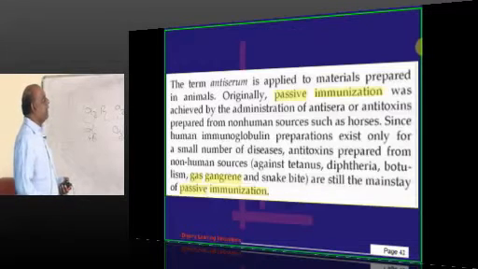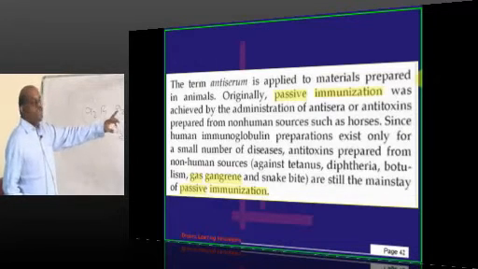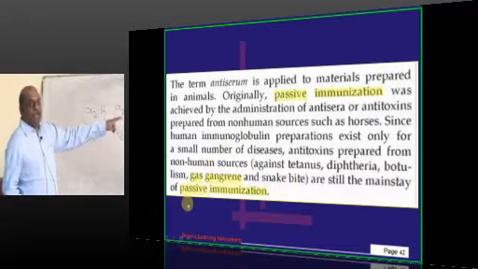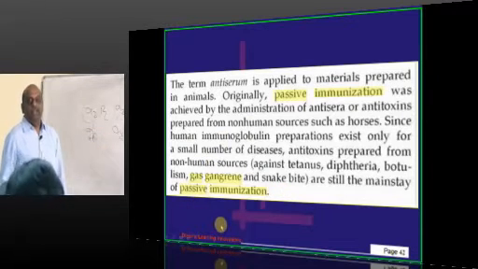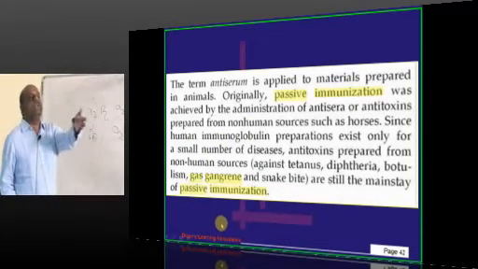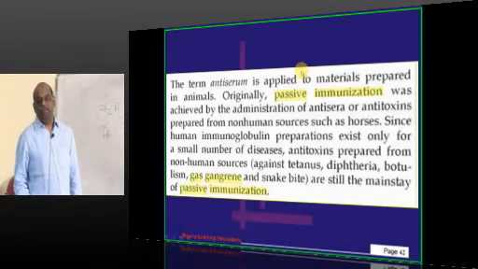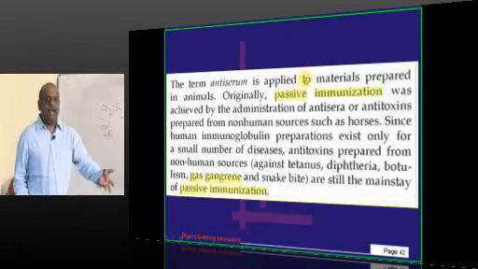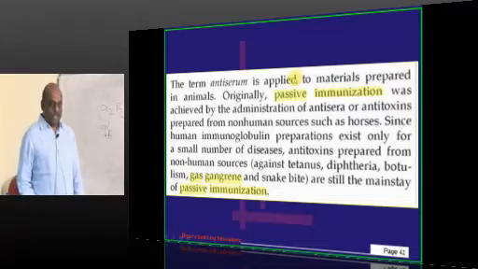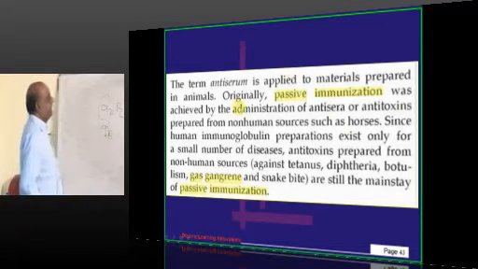Yes sir, they are available. So tetanus, diphtheria, botulinum, snake bite, gas gangrene. In these scenarios we are still using passive immunization, is what you have to basically remember, and passive immunization is an immediate protection that you can offer.